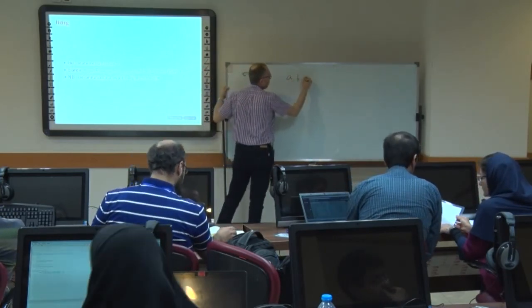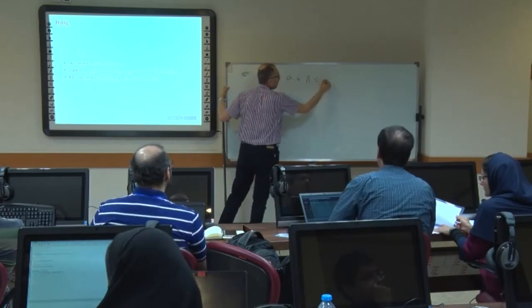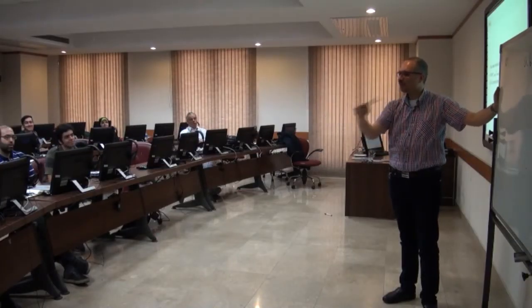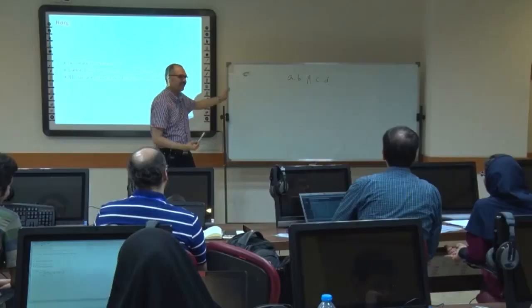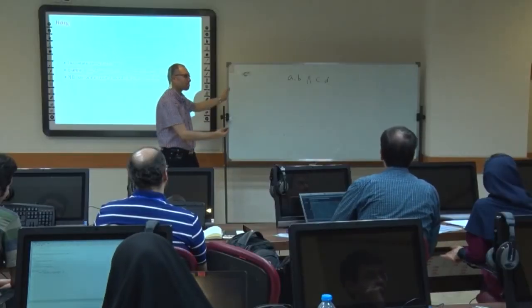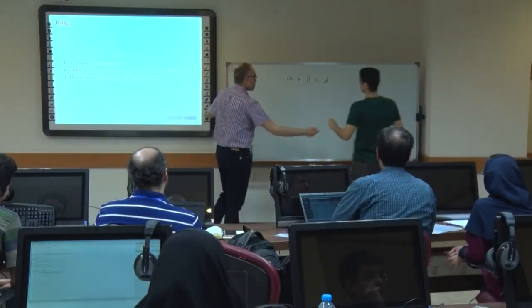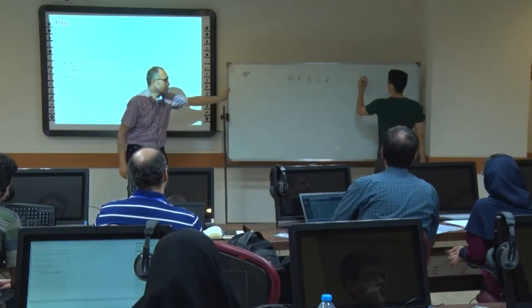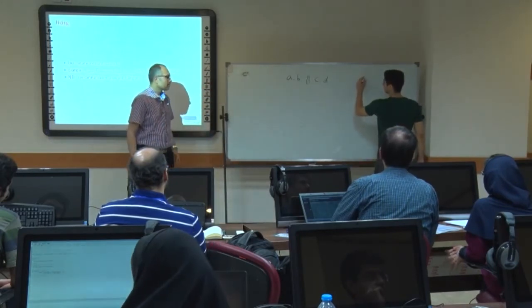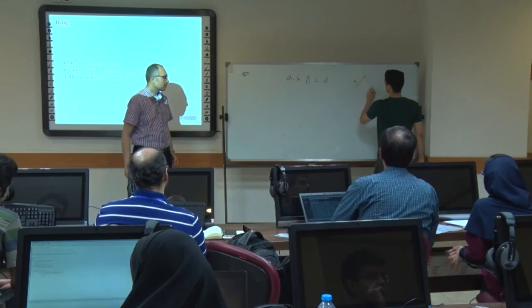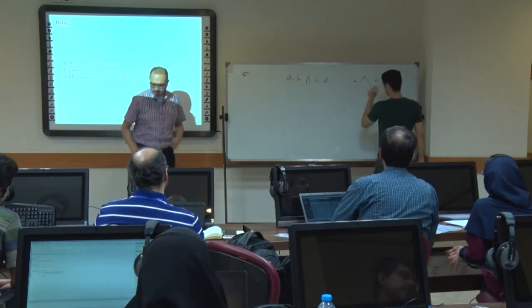We have A dot B in parallel with C dot D. Please, could someone draw the state space of this one at least? We can first take either A or C. Perfect.